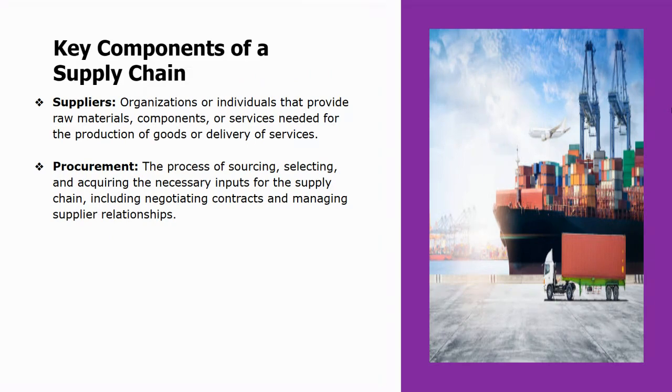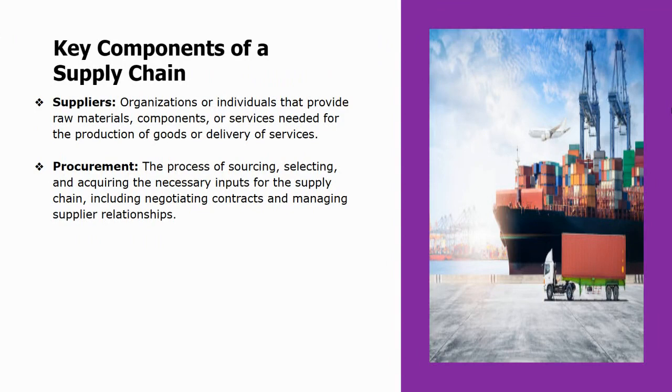So you first need to identify the suppliers who can provide what you need. Then you can do your evaluation and selection of the supplier, and you can now purchase or acquire the necessary resources from them. When we talk about necessary inputs, we're looking at the raw materials, the components, and other resources that you need in order to produce particular goods or services.